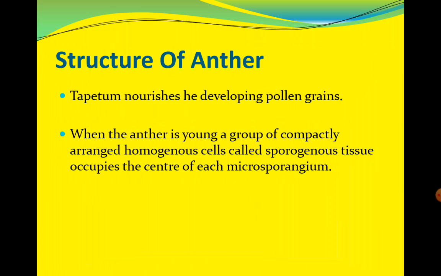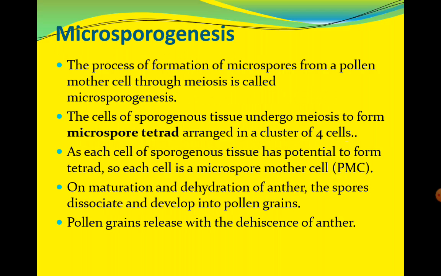When anther is young, a group of compactly arranged homogeneous cells are there that is called sporogenous tissue and that occupies the center of microsporangium. The sporogenous tissue containing the homogeneous cells is potent, having the ability to form the pollen grains. Okay, then let's see the microsporogenesis.